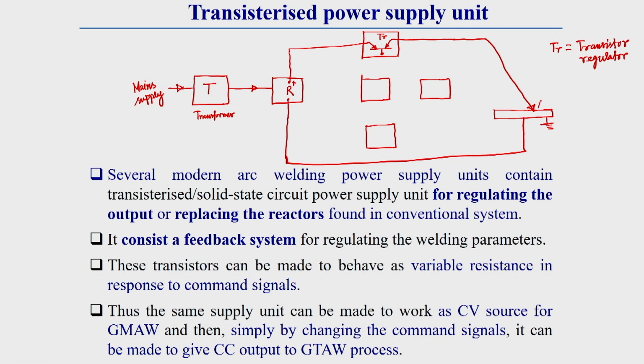This is generally the arc, this is the workpiece actually. So, here this is called the feed system, this is called reference setting, and this is called the command unit actually.